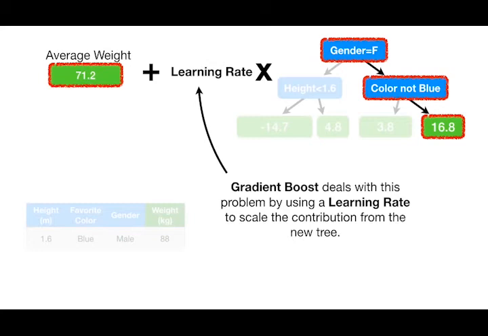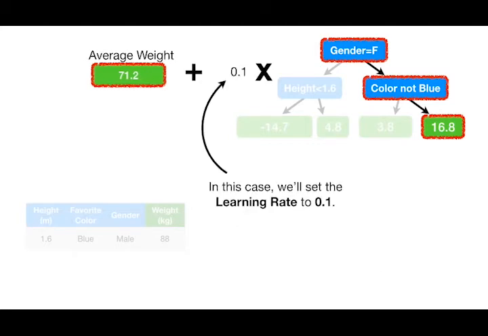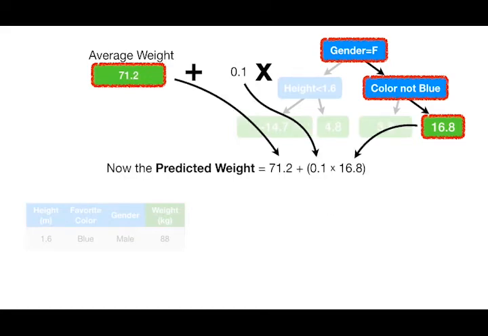Gradient Boost deals with this problem by using a learning rate to scale the contribution from the new tree. The learning rate is a value between 0 and 1. In this case, we'll set the learning rate to 0.1. Now the predicted weight equals 71.2 plus 0.1 times 16.8, which equals 72.9.